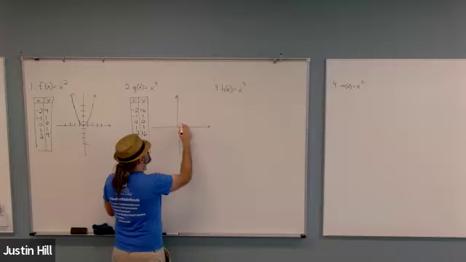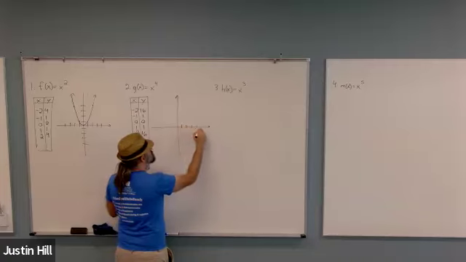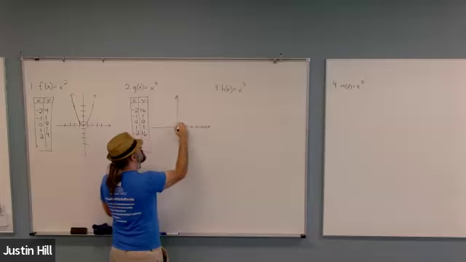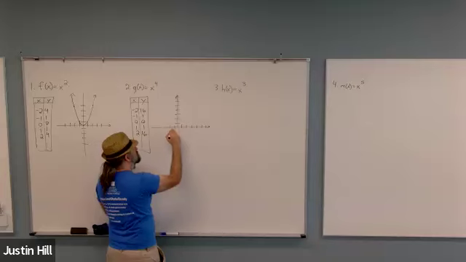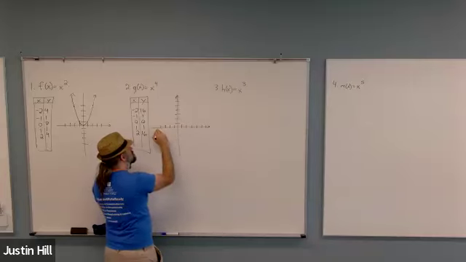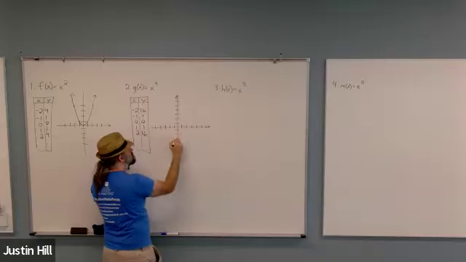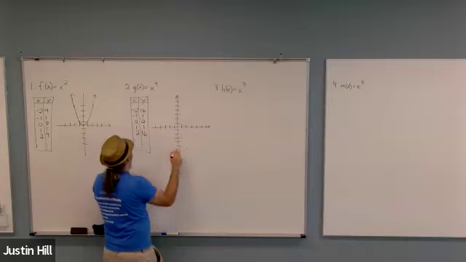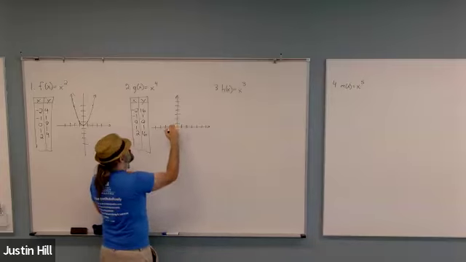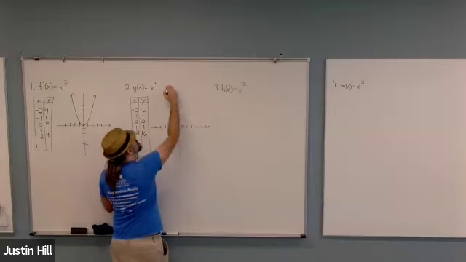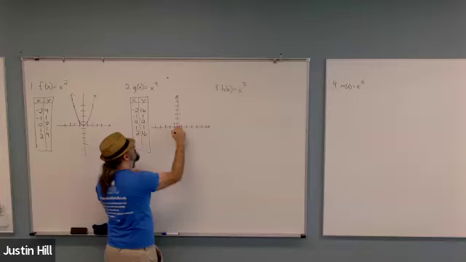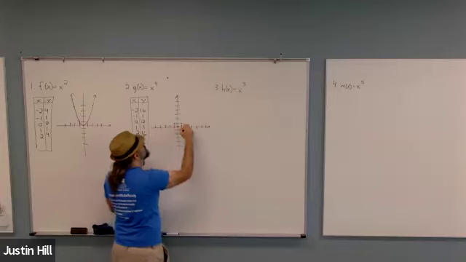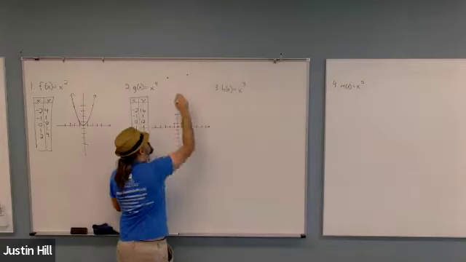So I'll do roughly that. -2 gives us 16, which is way up here. And then -1 gives 1, 0 gives 0, 1 gives 1, and 2 gives 16.